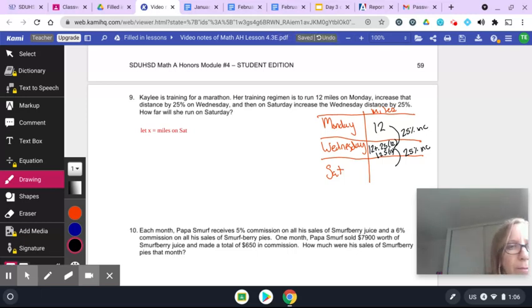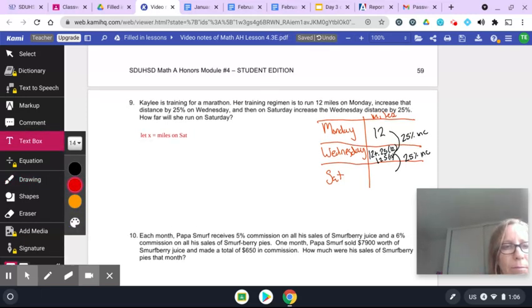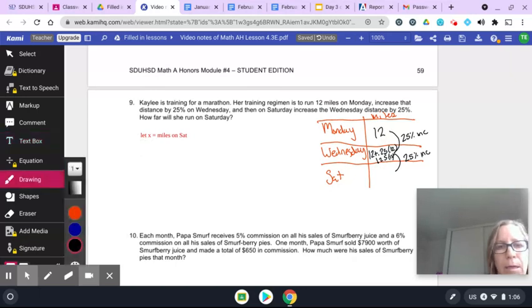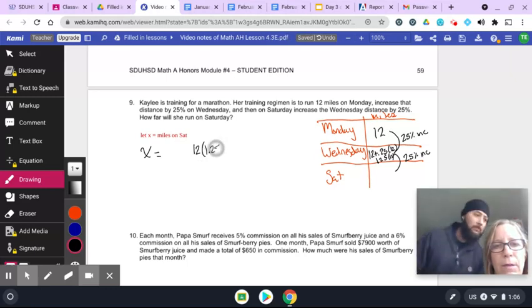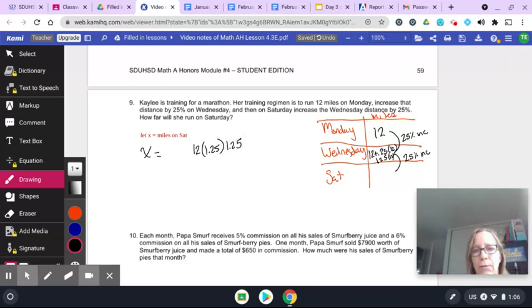So here, I am taking my 12 that I increased by 25%. So I multiply by 1.25. And then I'm going to take that and increase that by 25%. And that's where I'm going to get how far you have to run on Saturday.